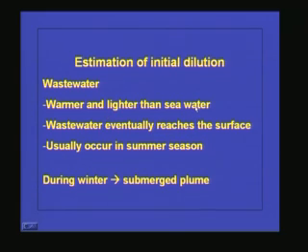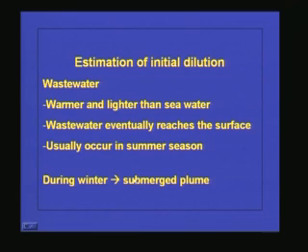So even though your ocean disposal point is much below the low water level, the wastewater eventually reaches the surface, because as it comes out of the disposal point, it has some velocity. With that velocity, or momentum, it will rise, and compared to the surrounding ocean water, its temperature will be higher and its density lighter.